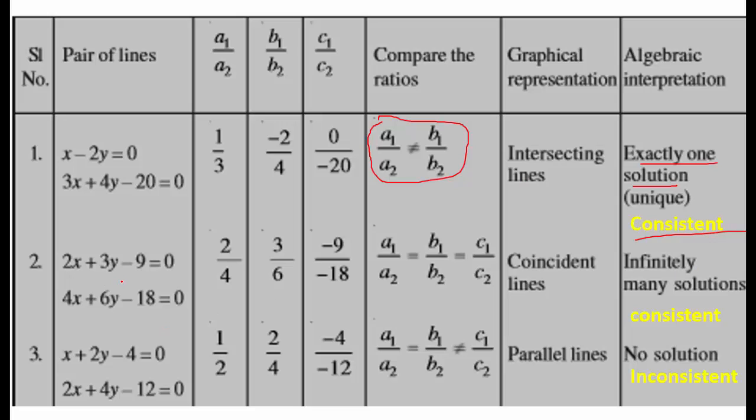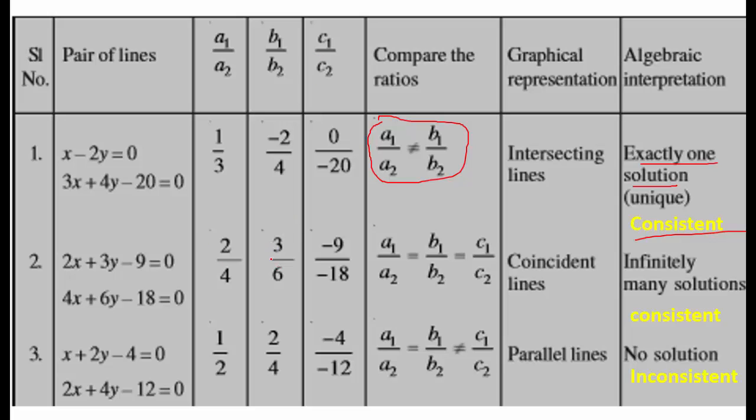Now considering the second situation, the equations 2x plus 3y minus 9 equals 0 and 4x plus 6y minus 18 equals 0. Again comparing their coefficients with the general form and finding the ratios a1 by a2, b1 by b2 and c1 by c2. This will become 2 by 4, that is 1 by 2.